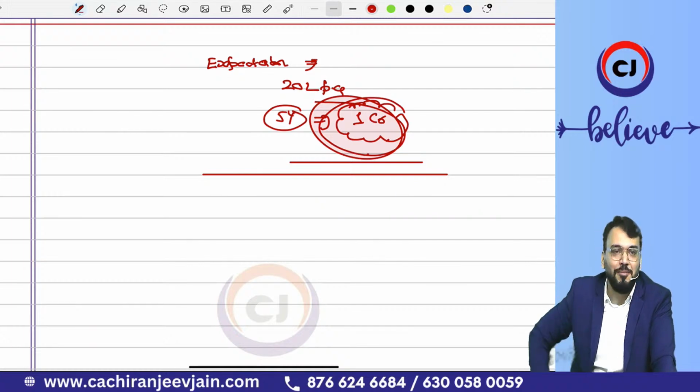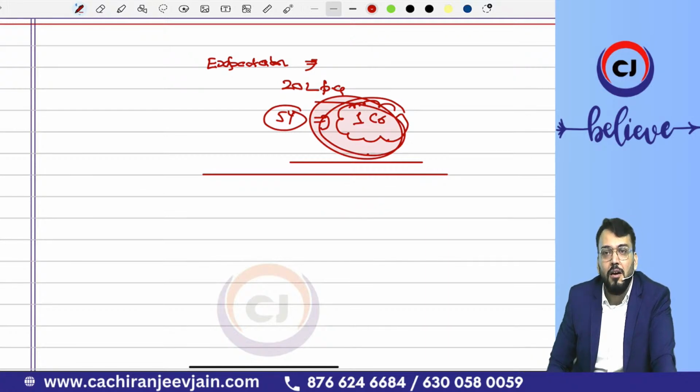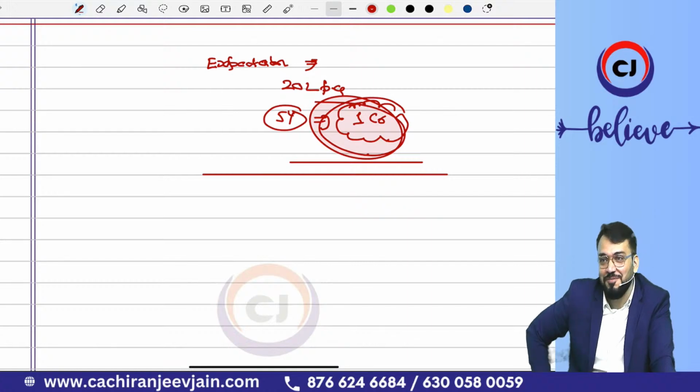I was a kid then, my age was 23 or 24. In which attempt? I said first attempt, as usual. Then I asked, Sirji, how many attempts have you taken? He said, I have taken 10 attempts in CA final.